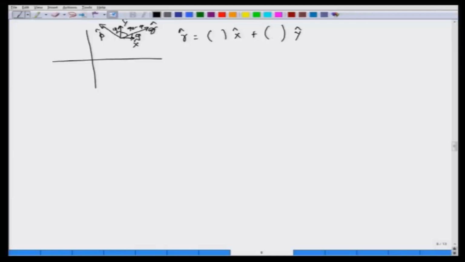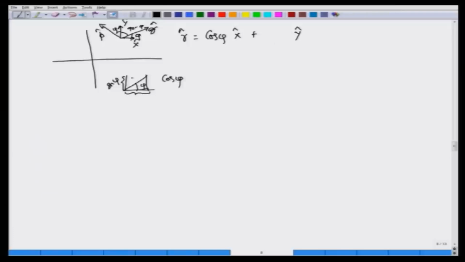You can see that the relation between r and phi can be obtained by taking this r and, if you imagine that this is 1 and this angle is phi, you can find out the length of this particular component, which will be cos phi, and this other length will be sin phi.